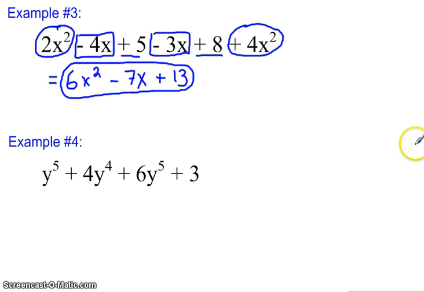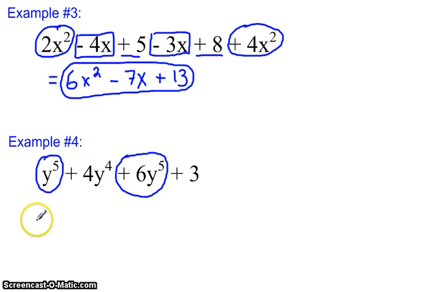All right, example 4. We've got y to the 5th plus 4y to the 4th plus 6y to the 5th plus 3. It's getting kind of higher up in the exponents. Well, we'll start with the fifths. So I've got a 1y to the 5th here, a 6y to the 5th here. That's going to give me 7y to the 5th.